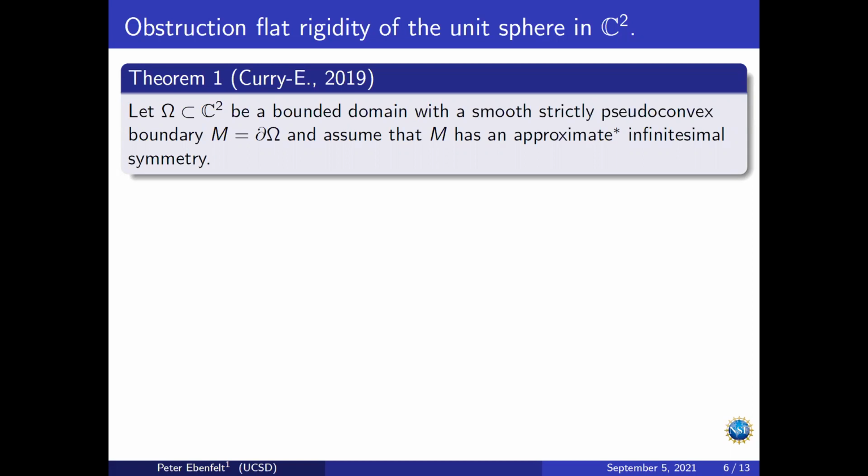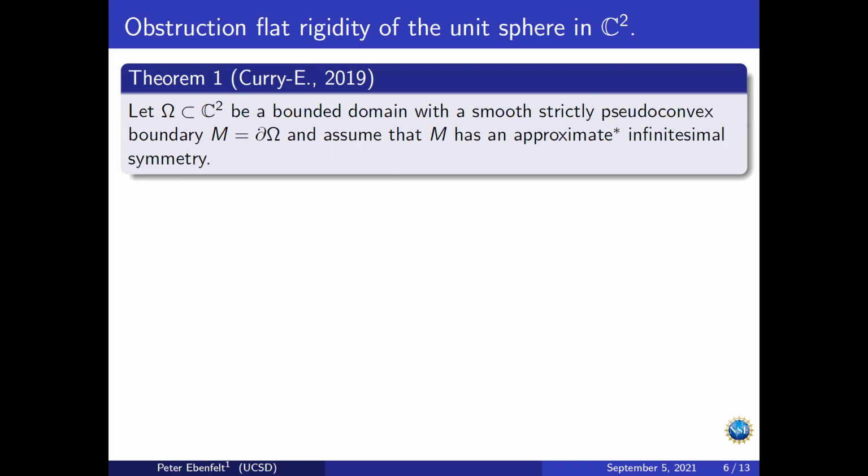This is one of the first results I proved a couple of years ago in C2. You take a bounded domain with smooth strictly pseudoconvex boundary, and you assume that M has an approximate infinitesimal symmetry. You can define that precisely, but I don't want to go into that.